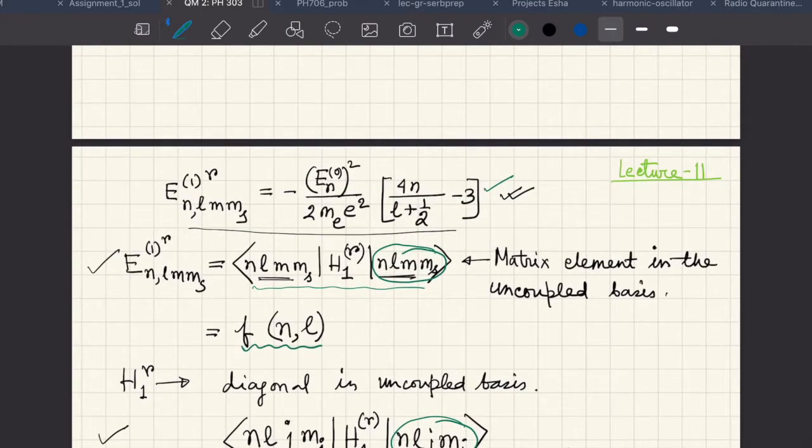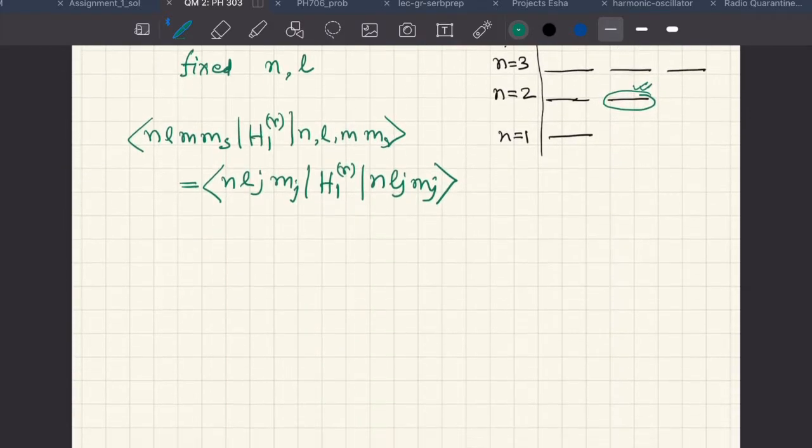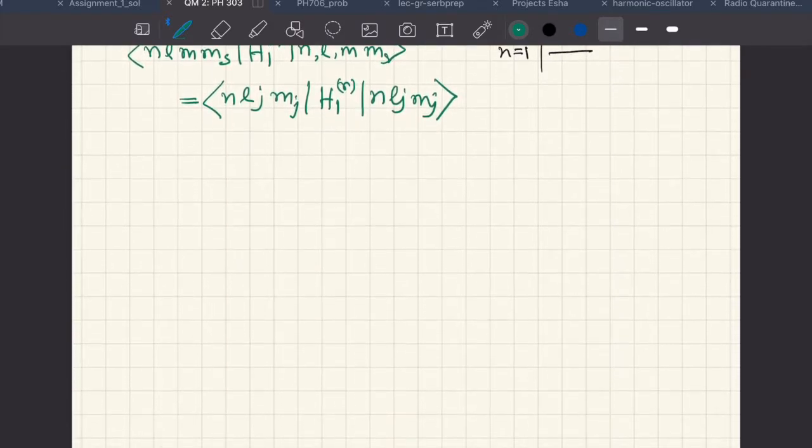So this answer that I have written here is going to remain unchanged irrespective of what kind of basis we have chosen. Now with this in mind, let us go to the discussion of spin orbit coupling.